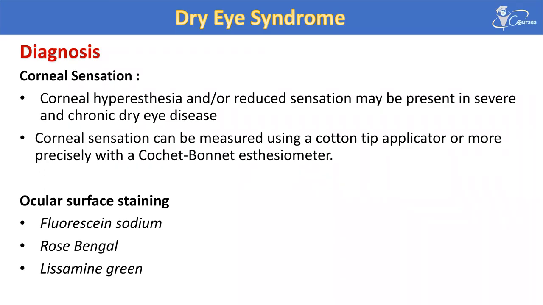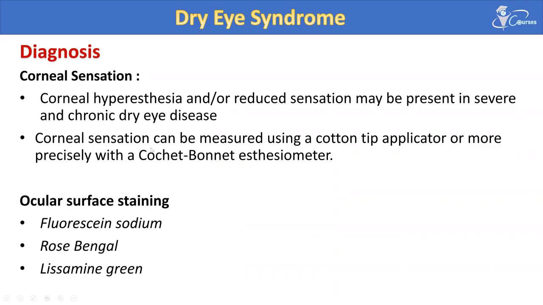Corneal epithelial health depends on sensation from the trigeminal nerve. So decreased corneal sensation can result from chronic dry eye.